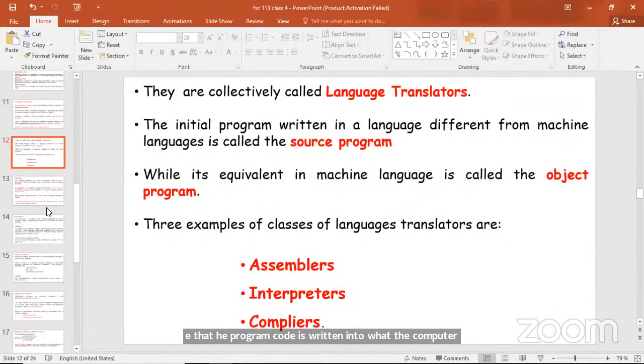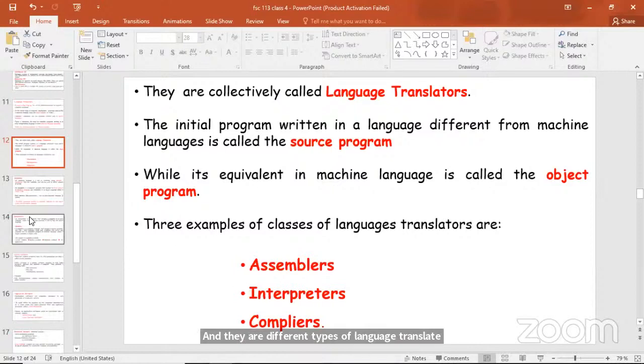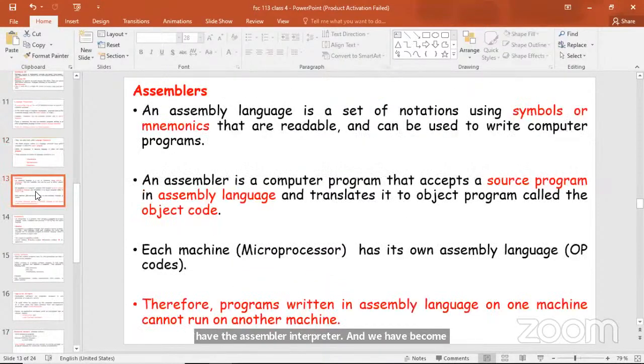There are different types of language translators: the assembler, the interpreter, and the compiler. The assembler changes assembly language written in mnemonics, or shorthand words, into object or machine code. Object code and machine code are the same.